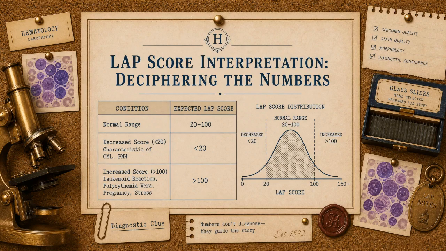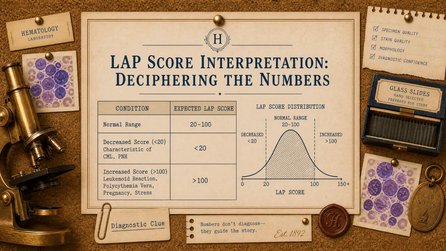It's a powerful clue. On the flip side, high LAP scores, usually greater than 100, are most commonly found in leukemoid reactions. Here, the neutrophils are responding appropriately to a stimulus like infection, so they're functionally active and mature, hence their high LAP activity. This distinction is incredibly important for differential diagnosis.